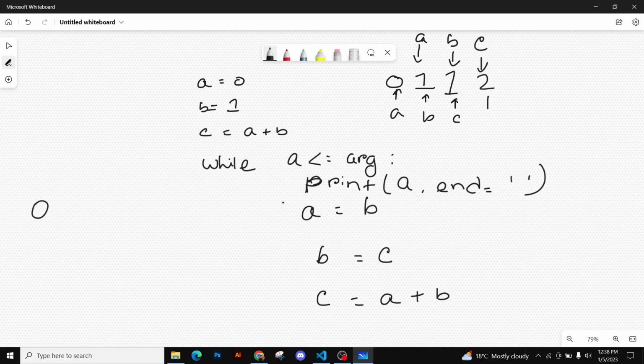Then when the loop runs again, my a value has been replaced by b, so initially my value 1 will be printed. Next time the new a value will be 1, and again when it runs, the next a value will be 2, then 3, then 5, and then 8. In this way I can print my desired output.